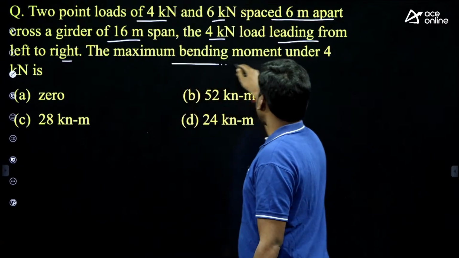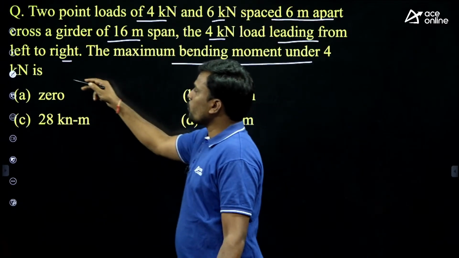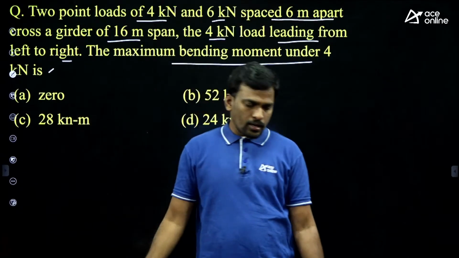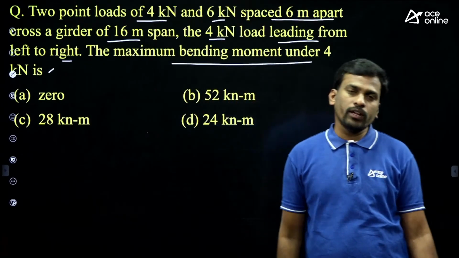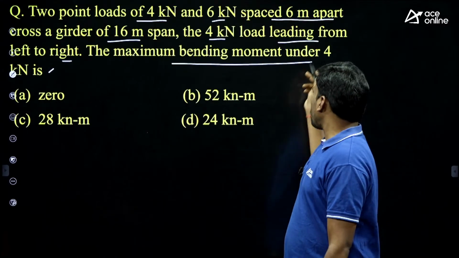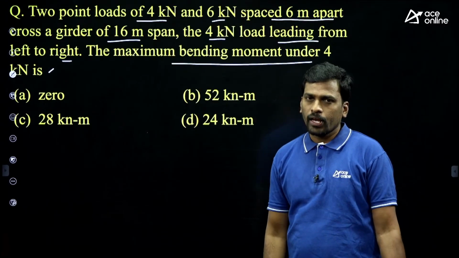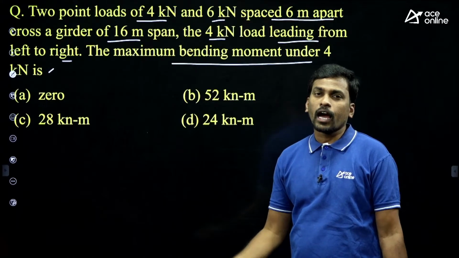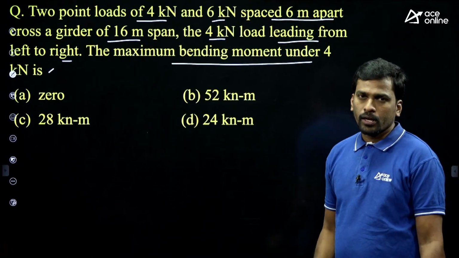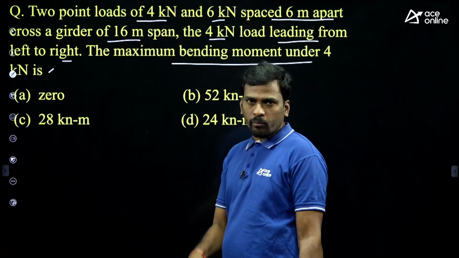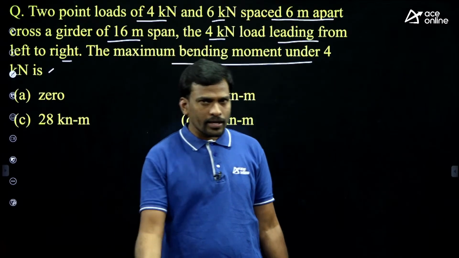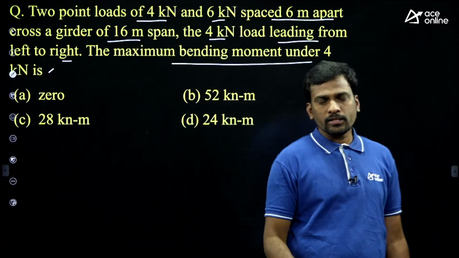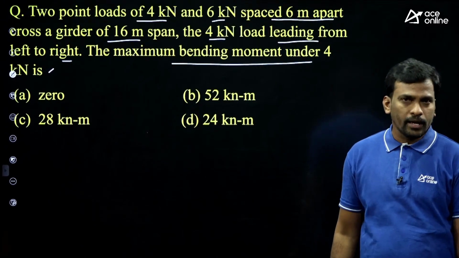The maximum bending moment under 4 kilonewton is. Students, in this question, the section is not given, but they are asking to find the bending moment under 4 kilonewton. If the section is not given, it is called absolute maximum bending moment. If the section is given, we find the bending moment at the section.